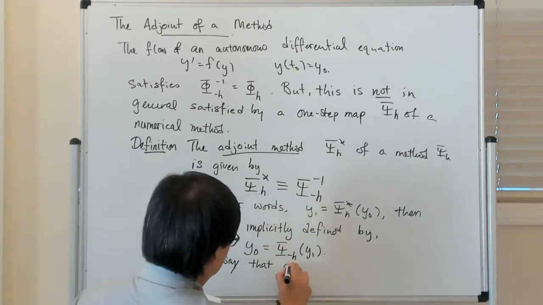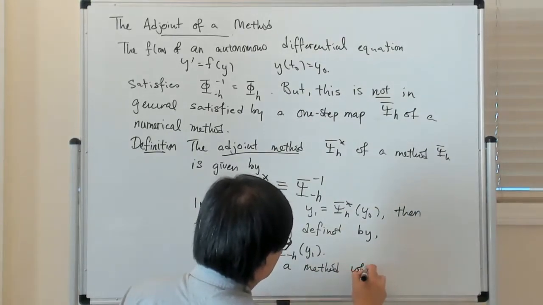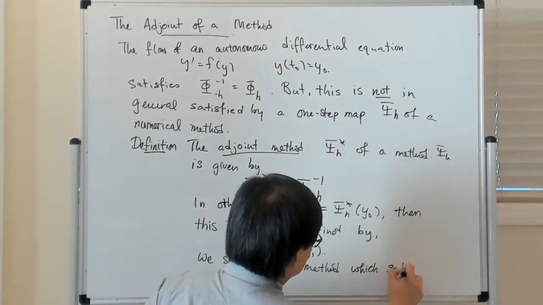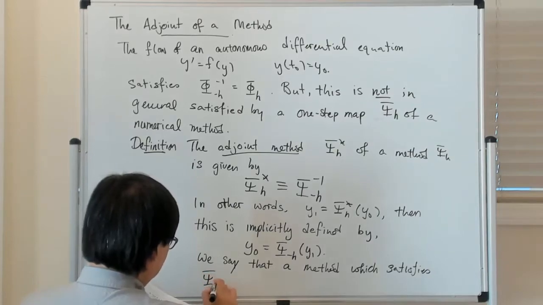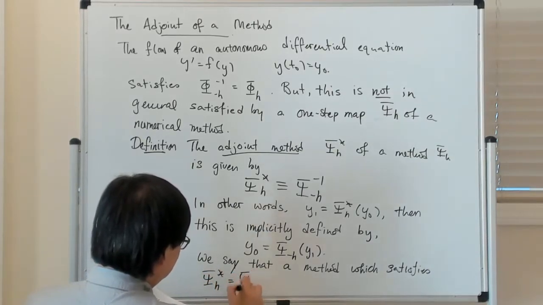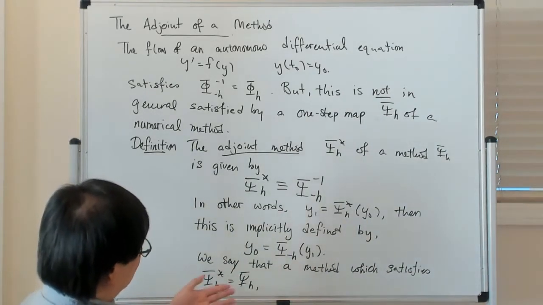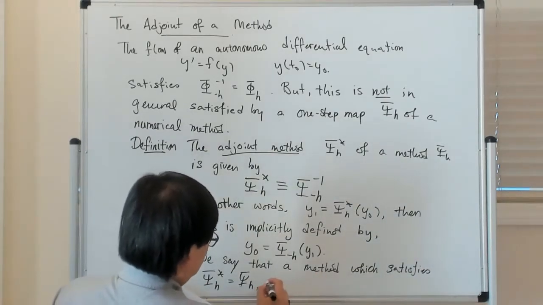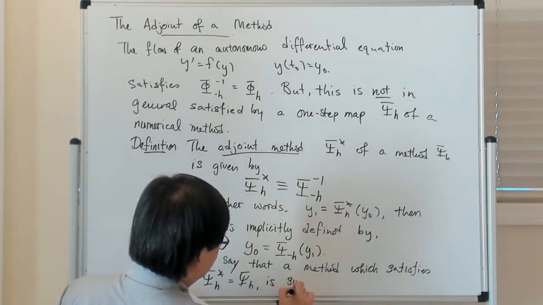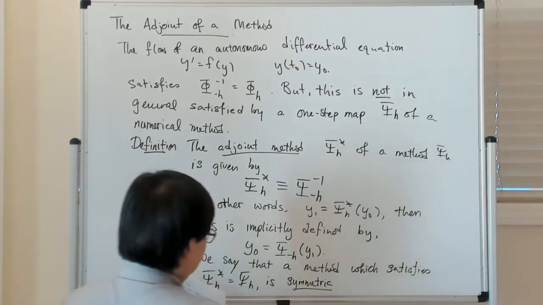Okay, and then we say that a method which satisfies the property that it is its own adjoint, which is to say that the adjoint of the one-step method is the method itself, which is more or less the condition which holds true for the exact flow map, is called symmetric, or self-adjoint.